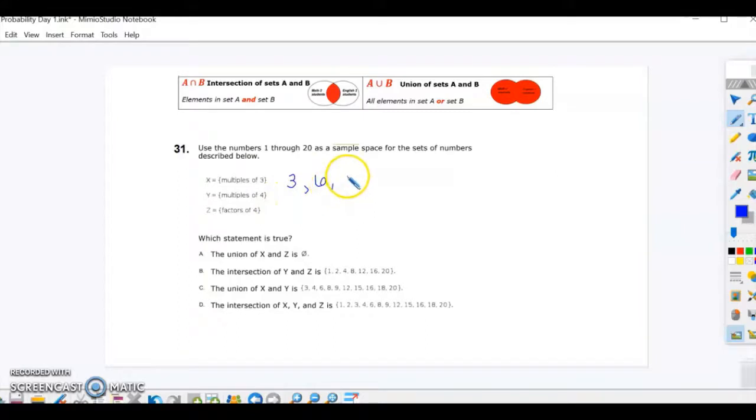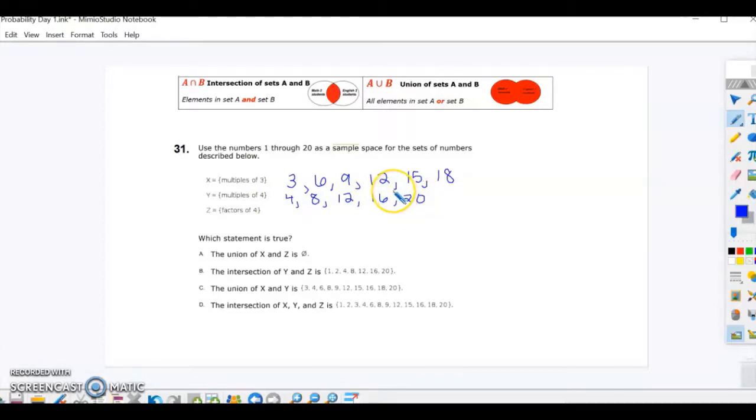So X is 3, 6, 9, 12, 15, and 18. I believe those are all of the multiples of 3 between 1 and 20. What are all of the multiples of 4 between 1 and 20? That would be 4, 8, 12, 16, and 20.